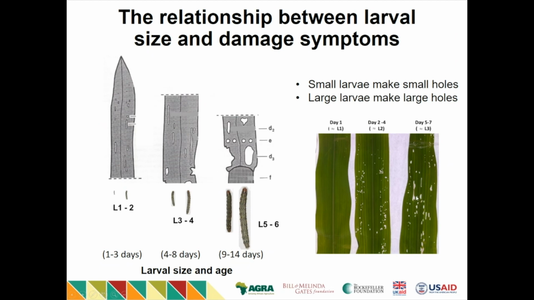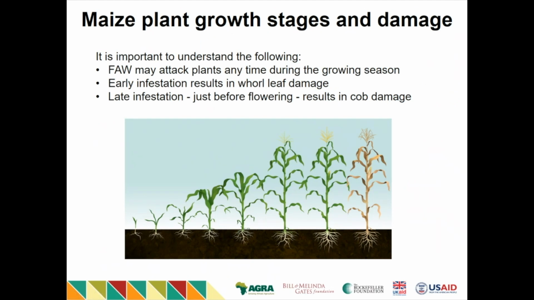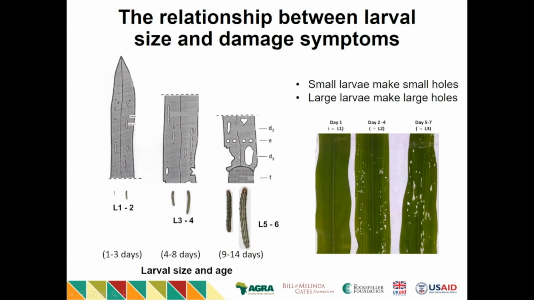And once you start seeing these symptoms, now you're approaching larval development at the rate that you won't be able to control them if you haven't done something yet. So it is important to know that small larvae make small holes and big larvae make large holes.